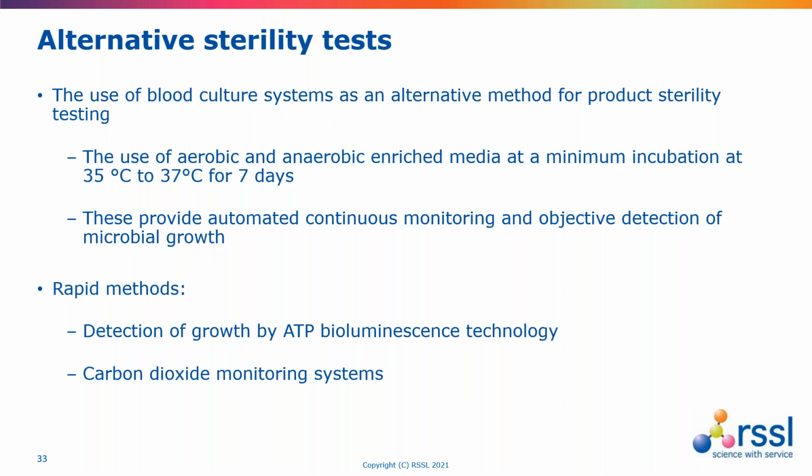A complexity that arises here is with sometimes the already turbid nature of some cell therapy products, which produces difficulties with culture interpretation when either aerobic or anaerobic enriched media is used. So this is why some are going down the ATP bioluminescence technology route or with carbon dioxide monitoring systems as alternative methods to assess the likelihood of any microorganisms being present in the finished product.